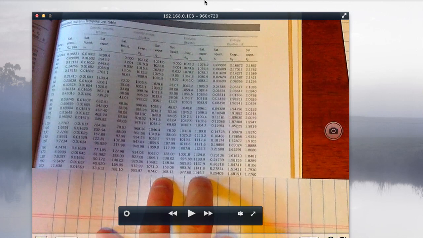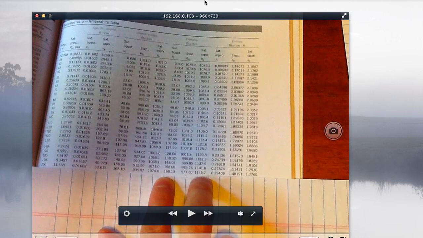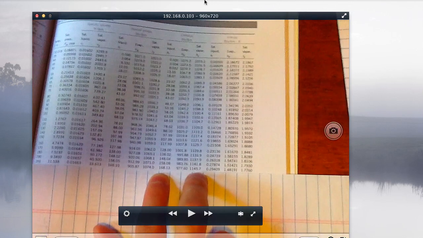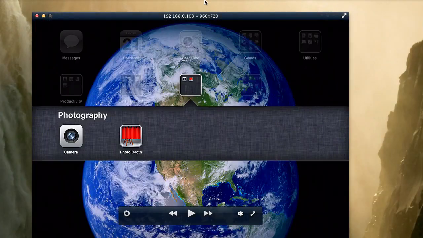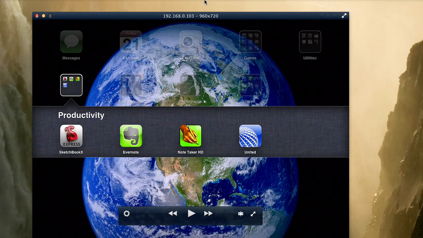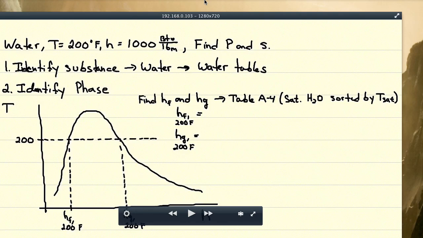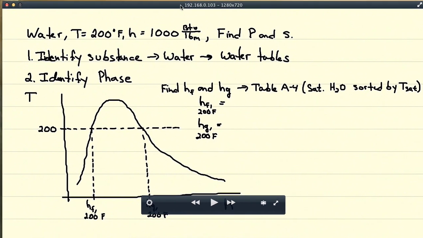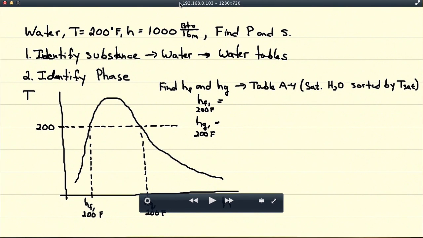And this number here, 1145.7, is the saturated vapor enthalpy. Okay, so let's take those two pieces of information and go back into our problem. And so we can now write these values down.